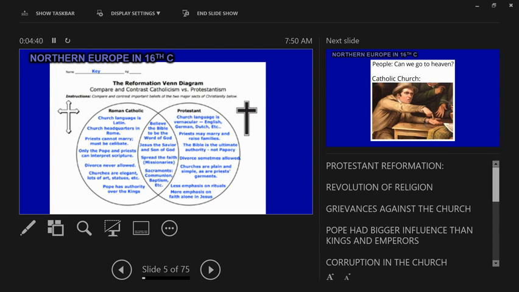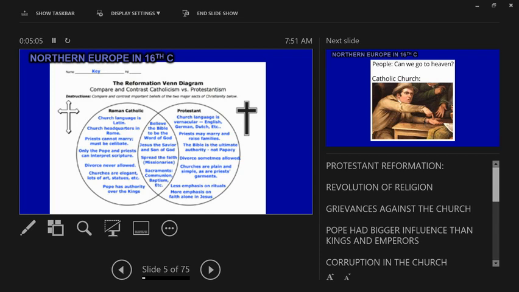So the things that they have in common is they both believe that the Bible is the Word of God. They both believe that Jesus is the Savior and Son of God. They both believe in spreading the faith, and they both believe in the sacraments, Holy Communion, baptism, and some of these other ceremonies. Those are the things that they have in common.